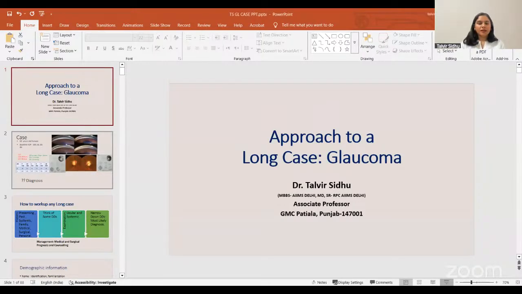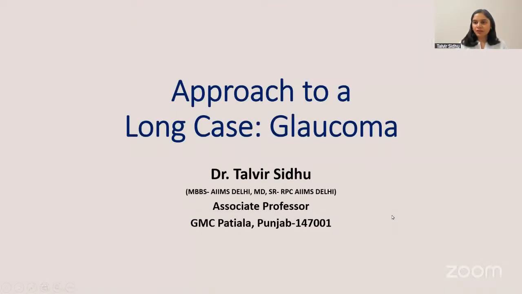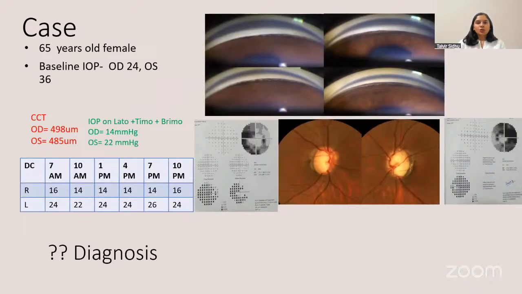All right. Thank you for this wonderful introduction. And I am going to talk on approach to a long case of glaucoma in your MD exam. So this is a case which I'm showing here.